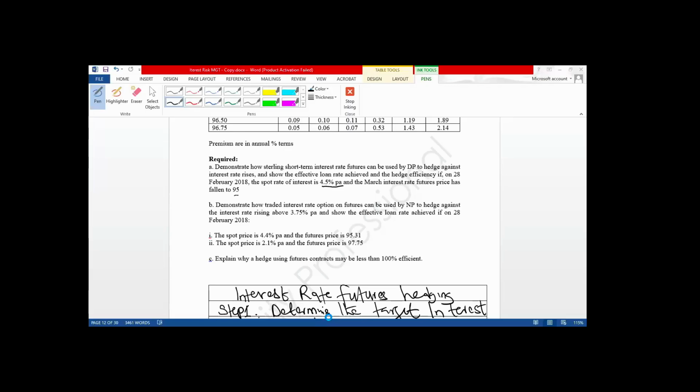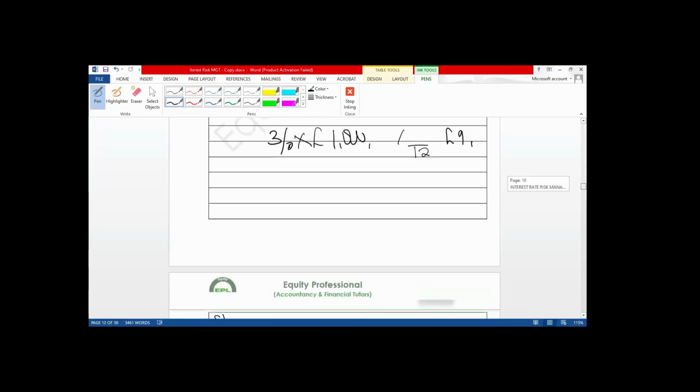If on 28 February 2018, spot interest rate is 4.4%, and futures price is 93.